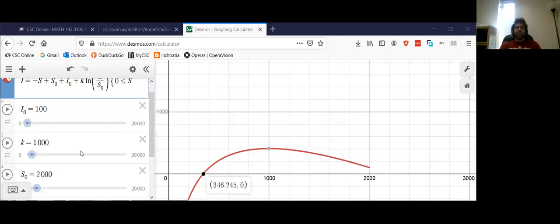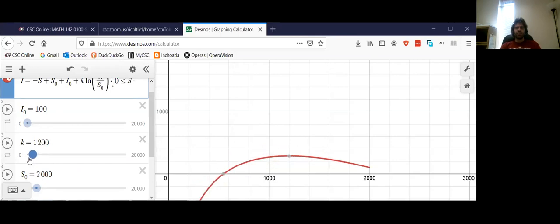Now let's change these parameters. We'll increase this parameter K and observe that the larger K gets, the fewer people are infected. This makes sense.